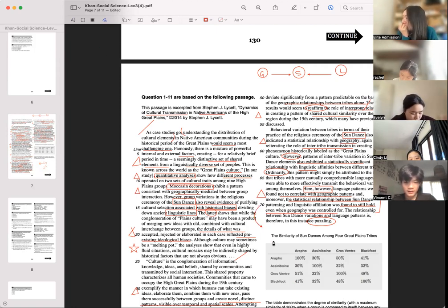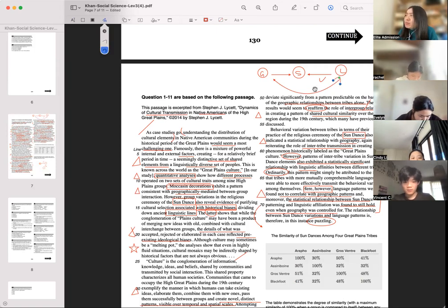So it's saying that the Sundance patterns and linguistics have a connection. But linguistics do not necessarily have a connection to geography. And so Sundance does not necessarily have a connection to geography. Oh, hold on. Be careful about that inference.